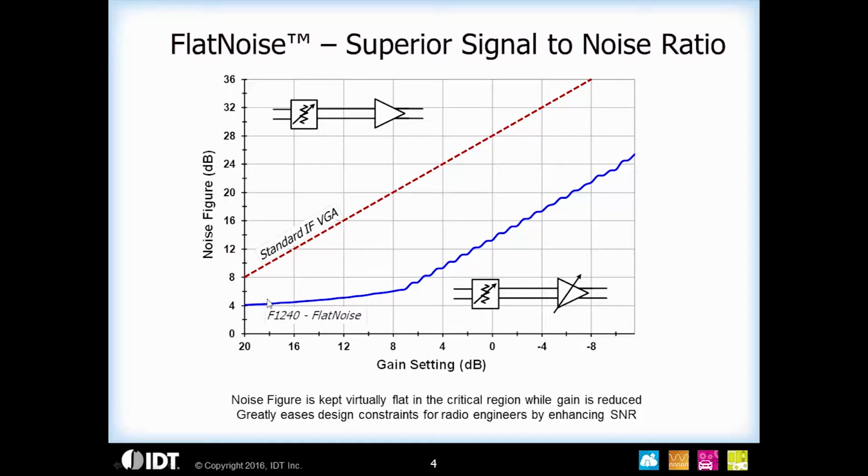So it goes from 4 dB to 5 dB. Effectively, we are able to keep the noise figure virtually flat in the critical region while the gain is reduced. This greatly eases design constraints for radio engineers by enhancing the system signal-to-noise ratio.